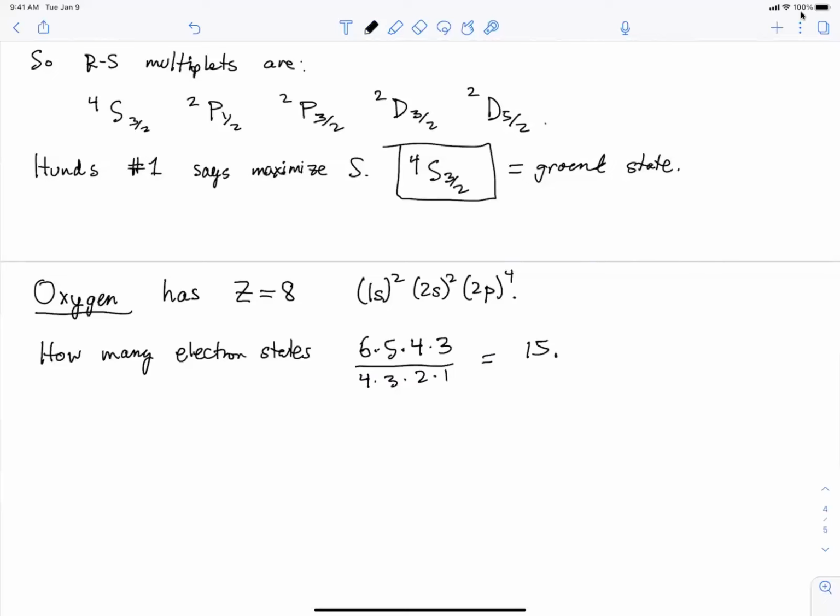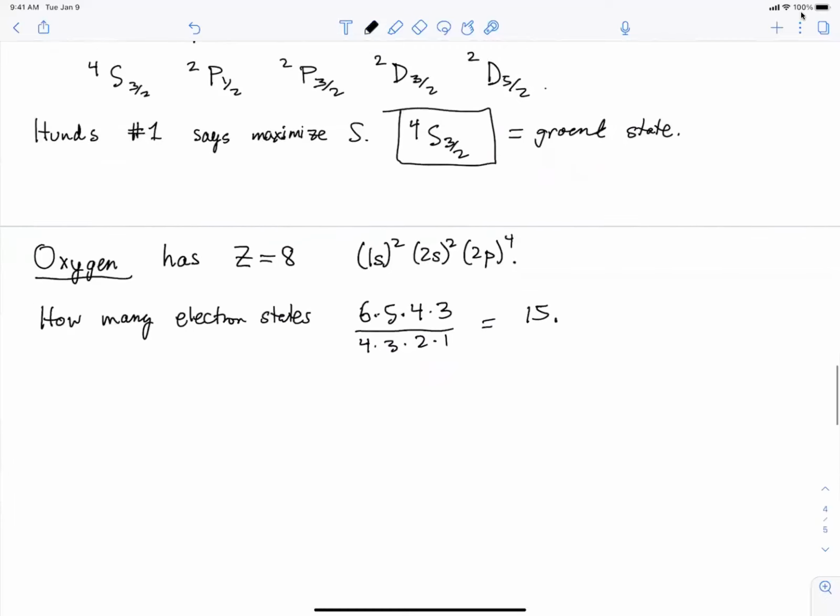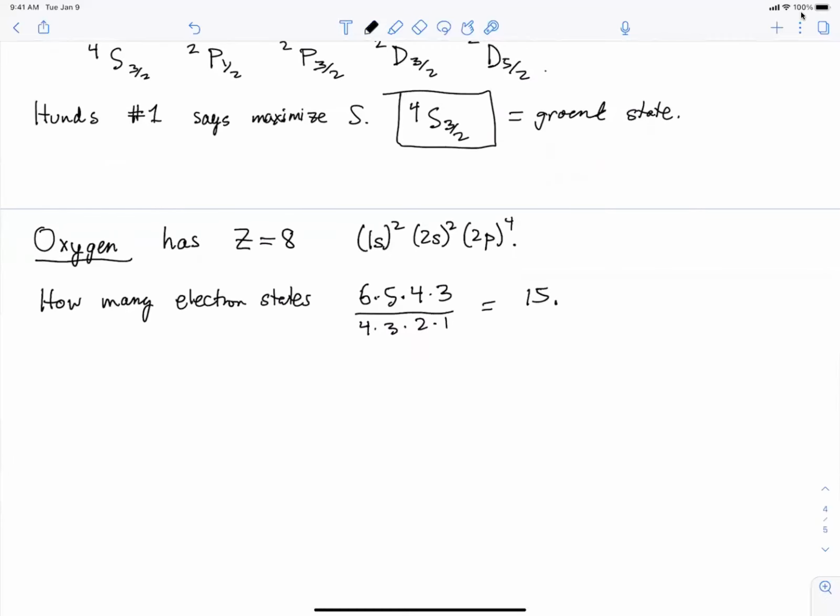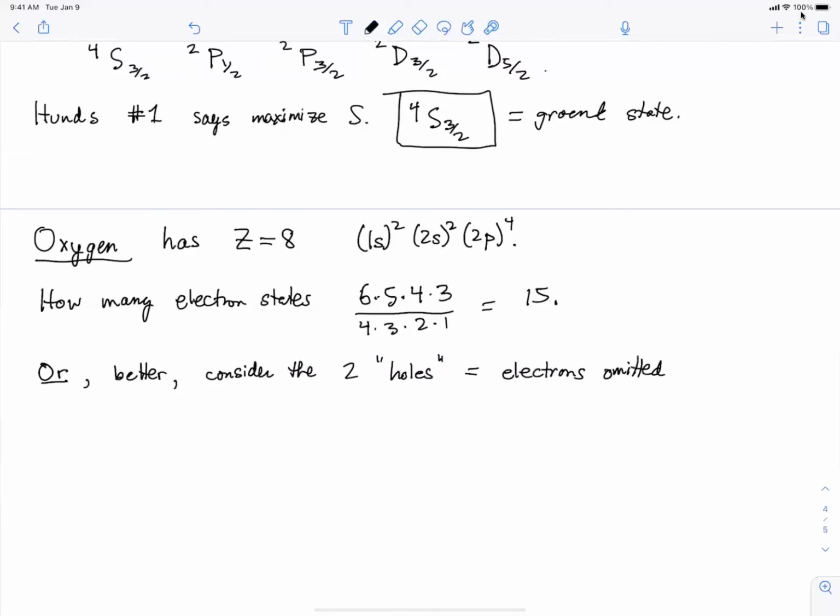And now we would have to perhaps worry about all the different possible ways to combine angular momenta to get 15, but it turns out a better way to think of it is to consider the absence of an electron as what we're counting. So better is to consider the 2 holes, which are electrons that aren't there, electrons omitted from the complete 2p shell.